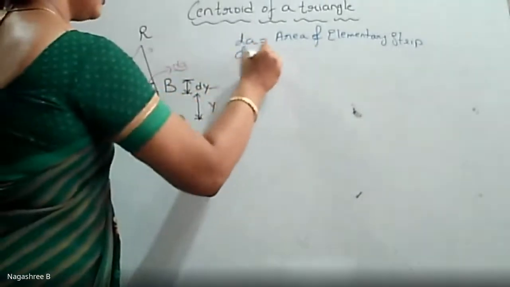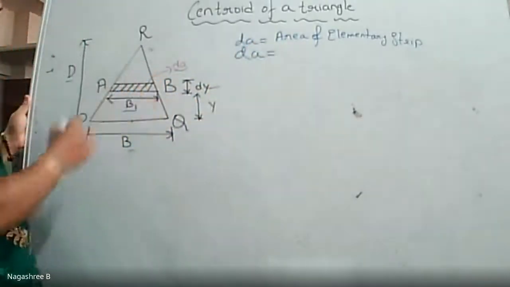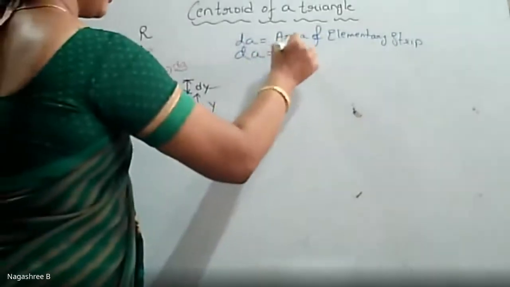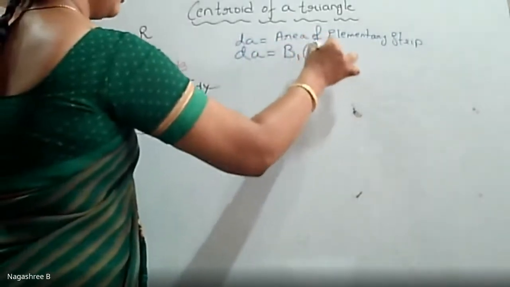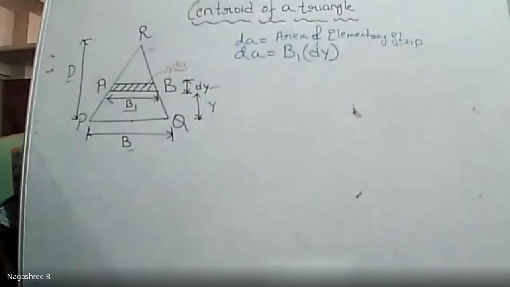Therefore, dA can be taken as the area of the rectangle, which is nothing but B1 times dy. So B1 times dy is the area of the elementary strip, that is dA.